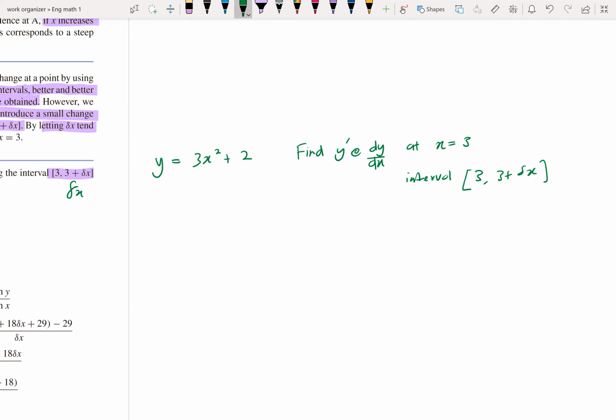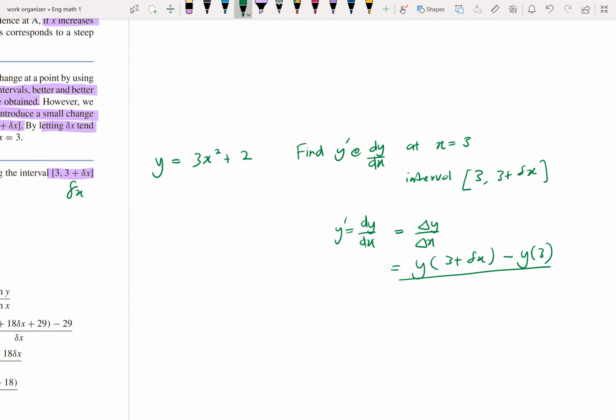Okay, so as usual, let me do this first. To find dy/dx, or y prime, we have to do y(3 + delta x) minus y(3).